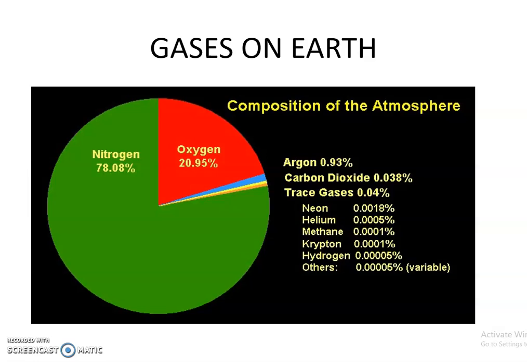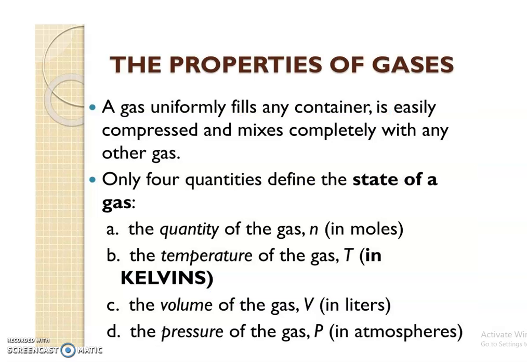And next comes oxygen, followed by argon, carbon dioxide, and trace gases. So, we live in a world full of gases. So, should we not know about these gases? Yes, that is the purpose of these video lessons. Keep continuing. Now, we will see about the properties of gases.